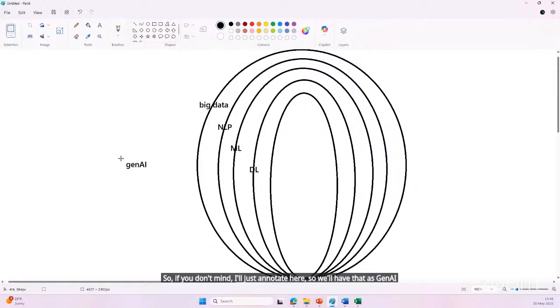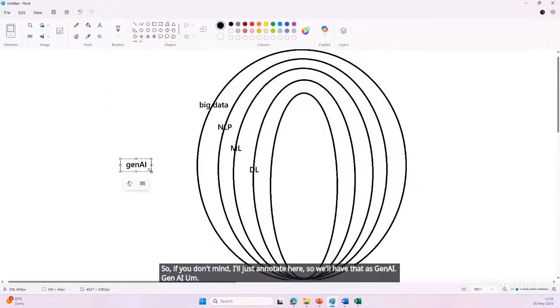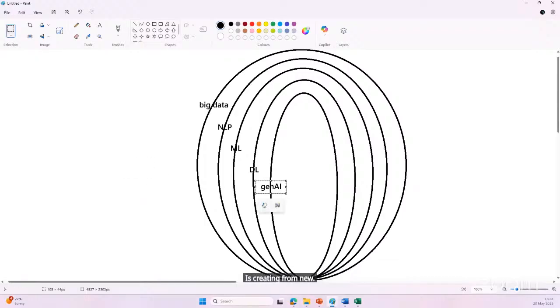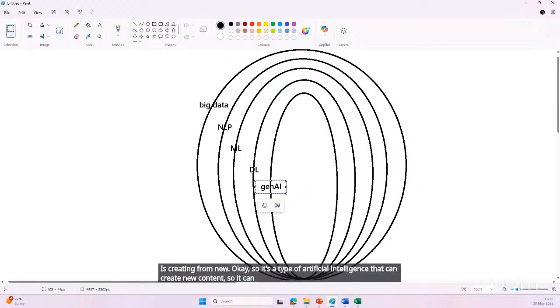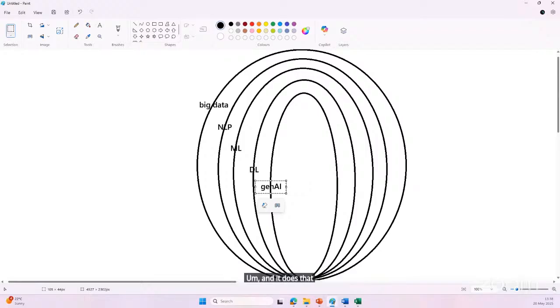Gen AI, simply speaking, is creating from new. It's a type of artificial intelligence that can create new content. It can create text, or images, or music, or perhaps even videos, and it does that based on patterns that it has learned from existing data.